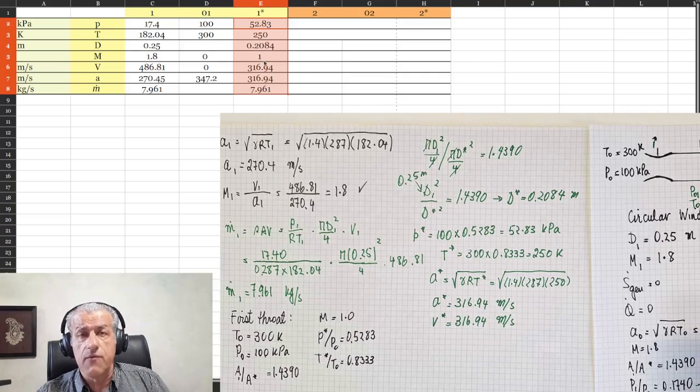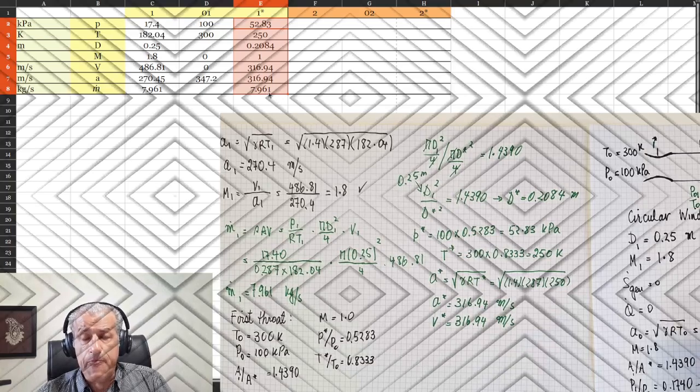Mach number is, of course, 1. Speed of sound and the speed of the flow are the same. Mass flow rate would be the same at the throat as it was at point 1, and that's throughout this tunnel. That's what the mass conservation equation tells us.